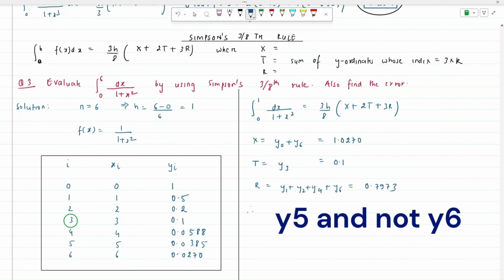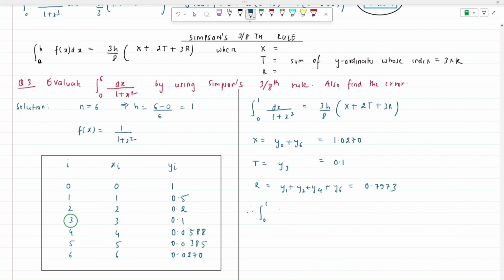Now substituting all these values in the formula, we get that the integral of 1 over 1 plus x square from 0 to 6 is 3 times h, which is 1, by 8, then X, which is 1.0270, plus 2 times T, which is 0.1, plus 3 times R, which is 0.7973.